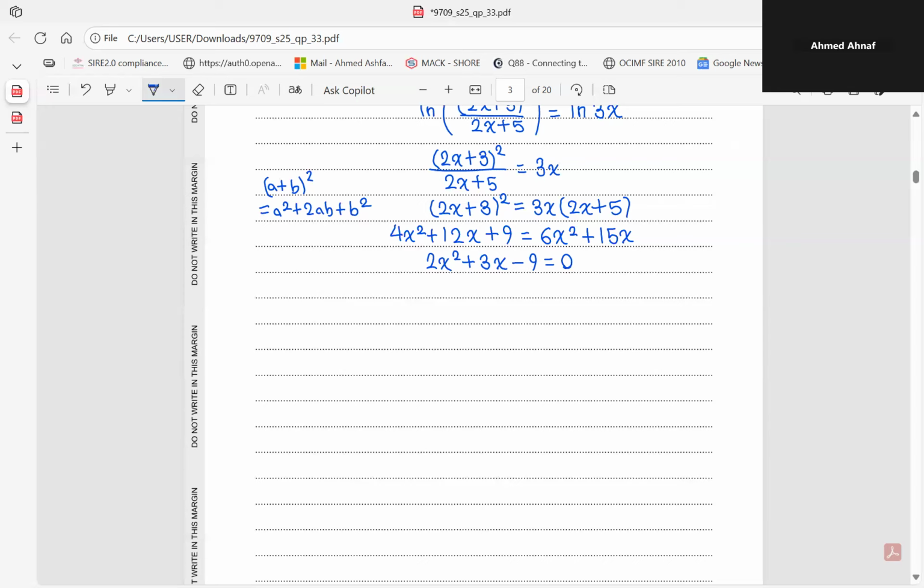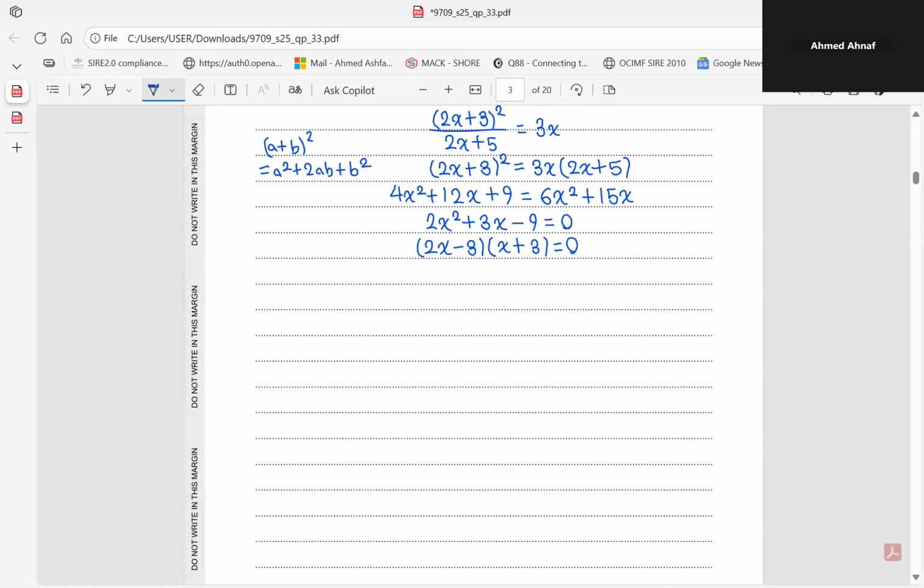You will get 2x minus 3 times x plus 3 equals 0. All right, now equate each factor to 0. 2x minus 3 equals 0, you will get x equals 3 over 2, and equate x plus 3 to 0, you'll get x equals negative 3.